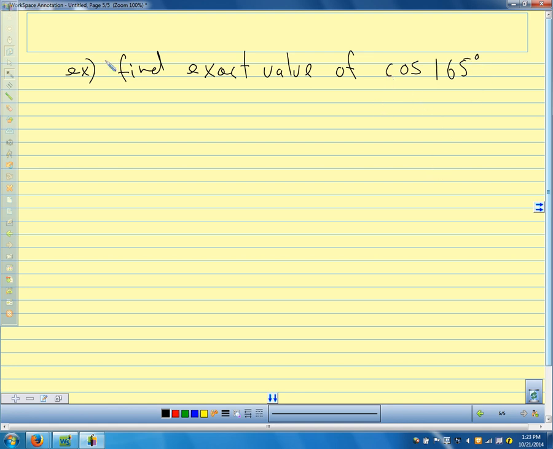So the fact that it says exact value should be a clue that this has something to do with a unit circle angle. So how can we relate 165 degrees to some unit circle angle that we know? And the fact that we just talked about a half angle formula might give us a hint that this has something to do with a half angle.